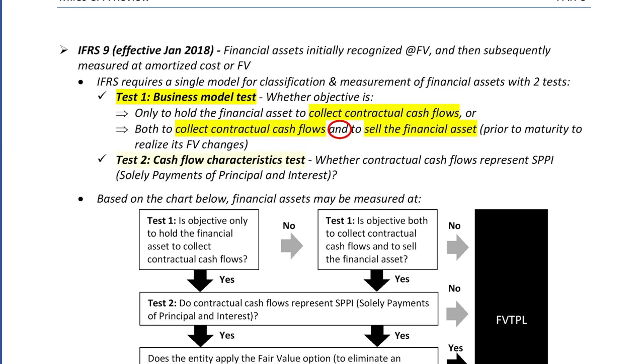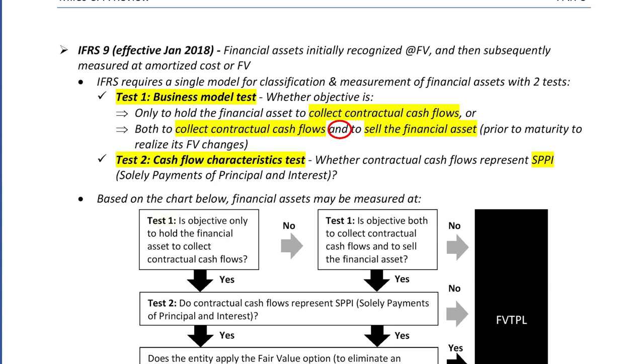And test number 2 is the cash flow characteristics test, whether the contractual cash flows represent SPPI, that's solely payments of principal and interest. And on this page, we have a chart which reflects the IFRS model for financial assets.